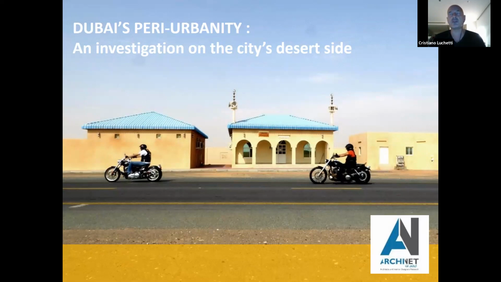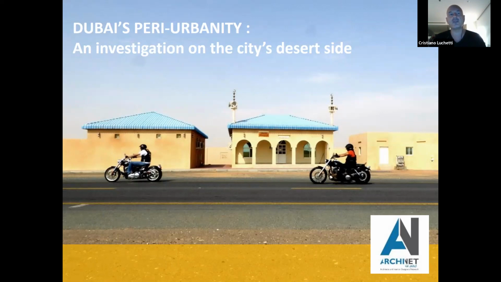Of course, throughout the years, this boundary is not there anymore, and the edge, the border of the city, is way more loose and always changing throughout time. In this case, though, my thesis for this presentation is that the desert side is actually the peri-urban dimension of Dubai.